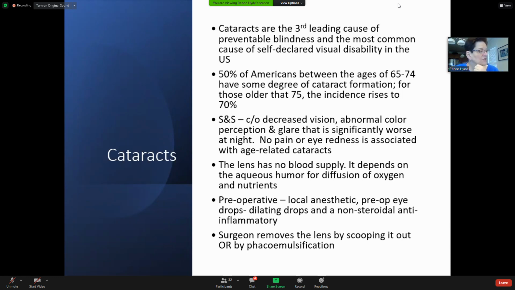One of the things you need to remember is that the lens itself has no blood supply. It depends on that aqueous humor for diffusion of oxygen and nutrients.